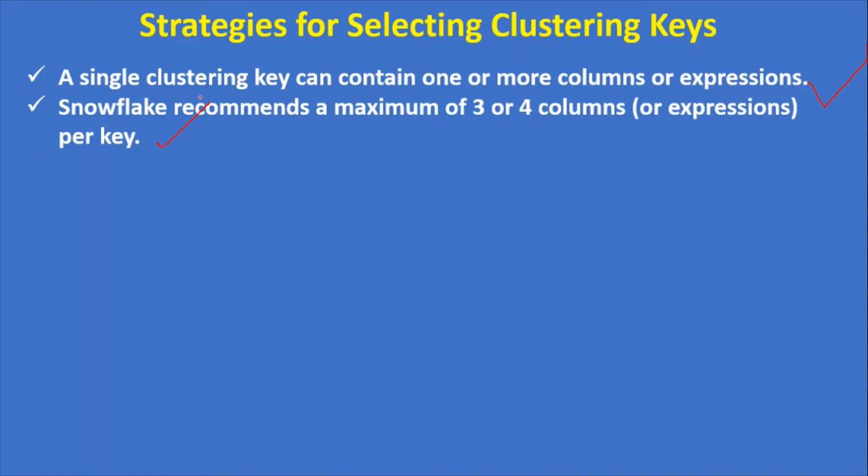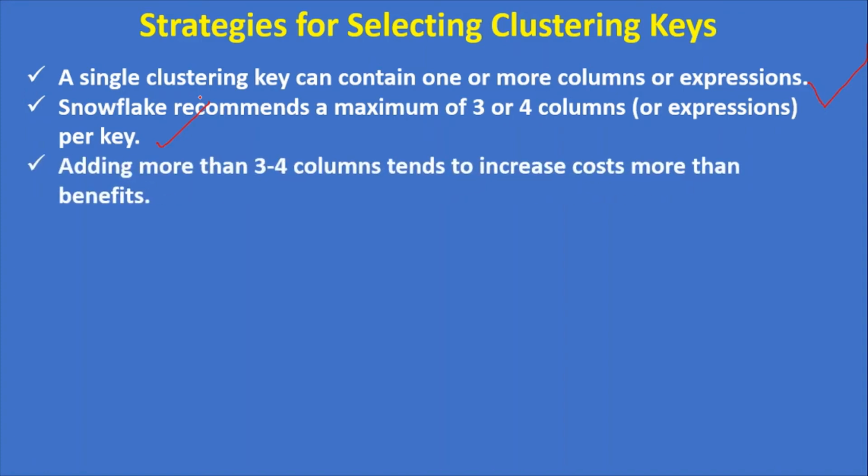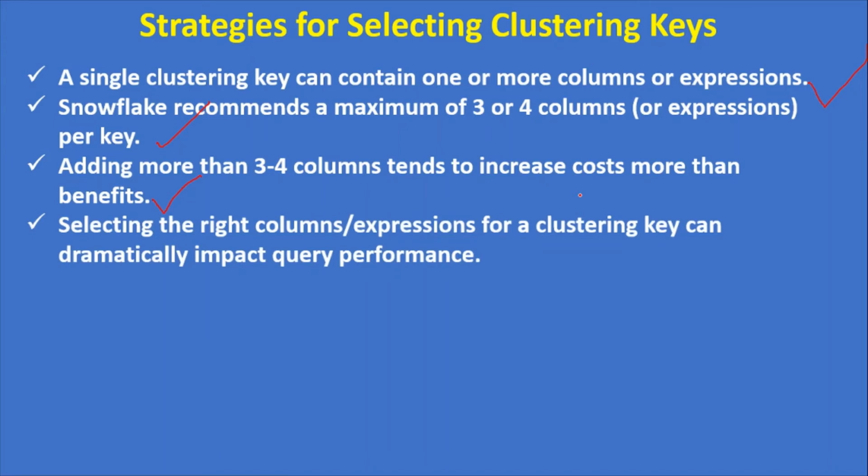Otherwise, adding more than 3 or 4 columns tends to increase the cost more than the benefits. Here cost means storage cost and also compute cost, both. The benefit here is the performance benefit, so you will not get that performance. Instead, you will increase the cost.